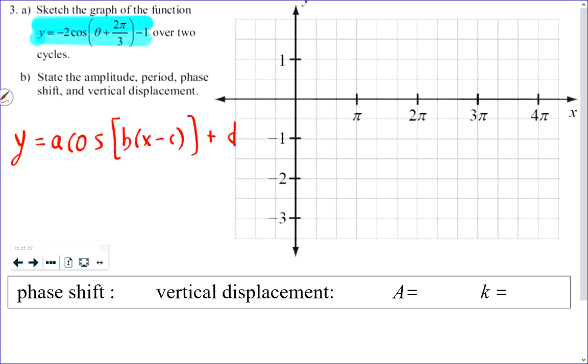It's those parameters that are going to tell you the different features of the graph and how we can sketch it and how we can determine the phase shift and all of these other characteristics of the graph.